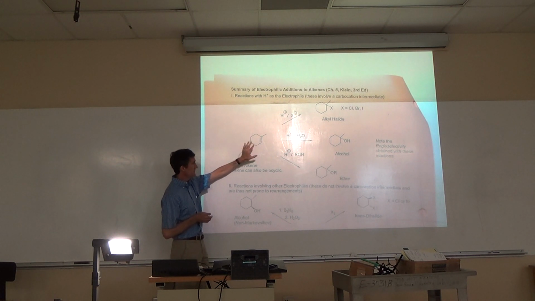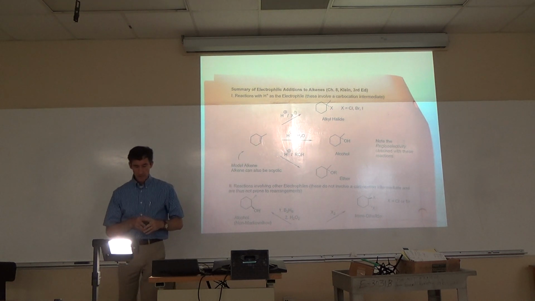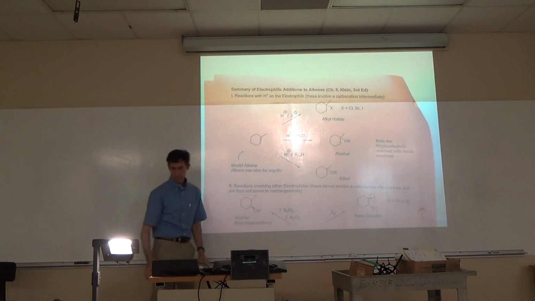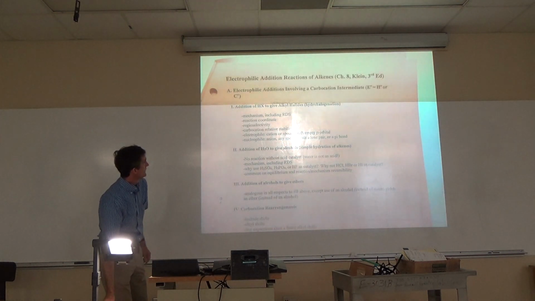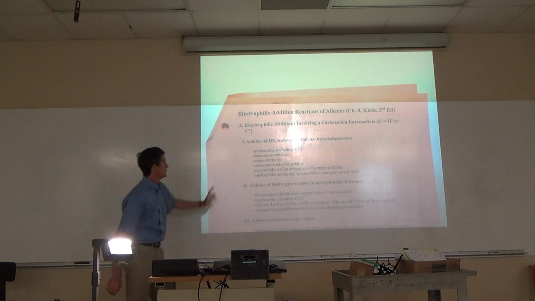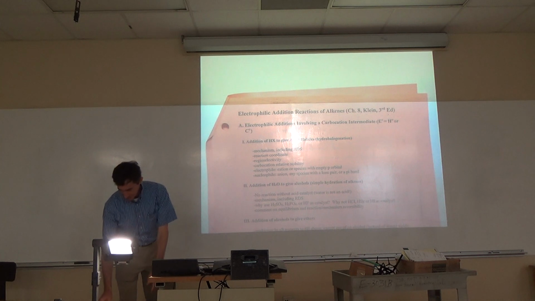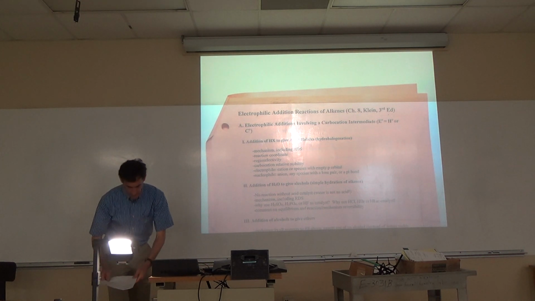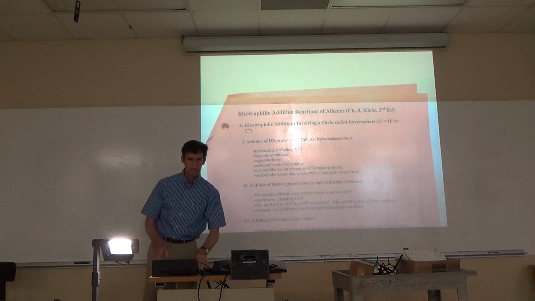Doesn't have to be a ring. We will cover these sort of sequentially. And then here's our outline. Okay? We will begin with A. The white handout is sort of the more miscellaneous notes.